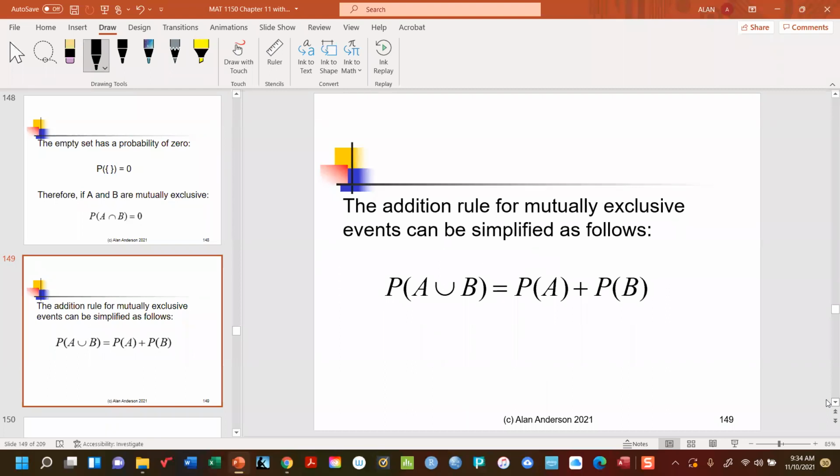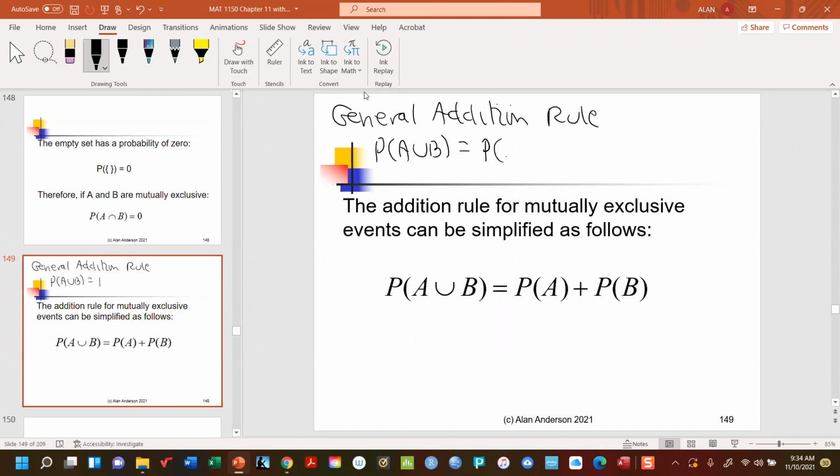Okay, so there is the full addition rule, or the general addition rule, I guess I should call it, which we just got through using. It says that the probability of A union B is the probability of A plus the probability of B minus the intersection.